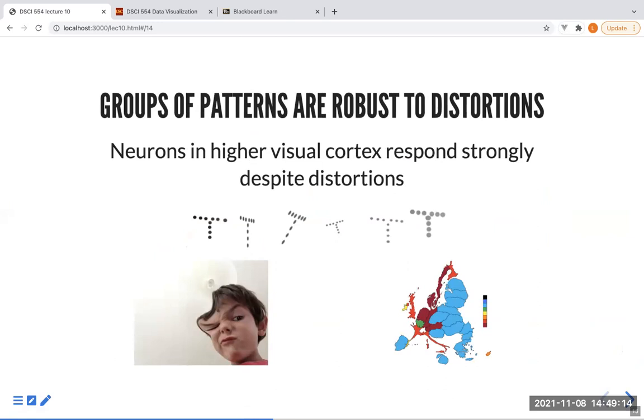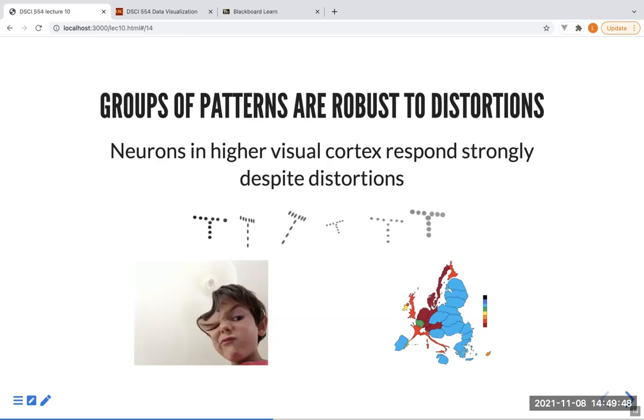So what happens in addition with groups of patterns is that we are, and this is probably an adaptation from the fact that we can recognize things from different points of view under different lighting, usually very good at recognizing patterns, even if there are very strong disruptions.